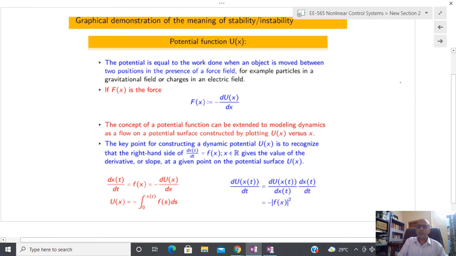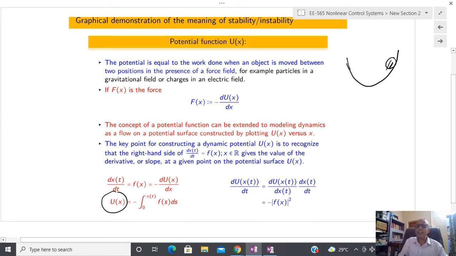And now you can see that in this way I can get U(x), but you have to see what is the behavior of this ball about this particular curve, and due to that reason you have to calculate the rate of change. So if you calculate the rate of change dU(x) by dt, you can see that U is a function of x(t) and x is a function of t.